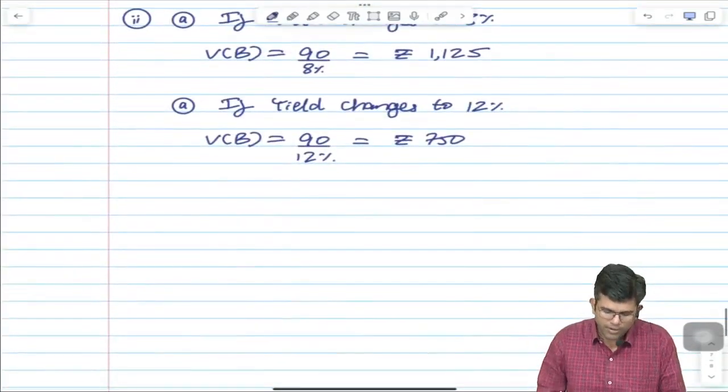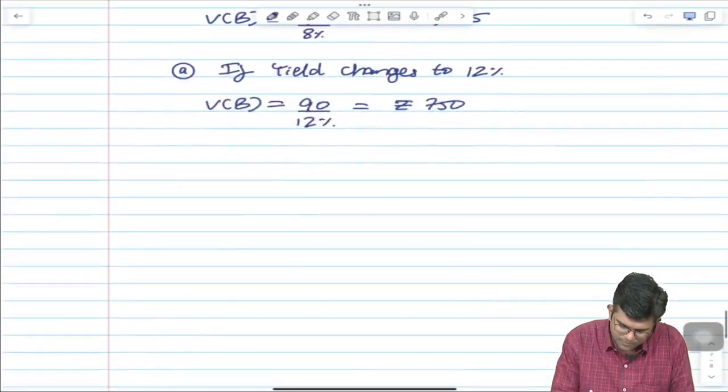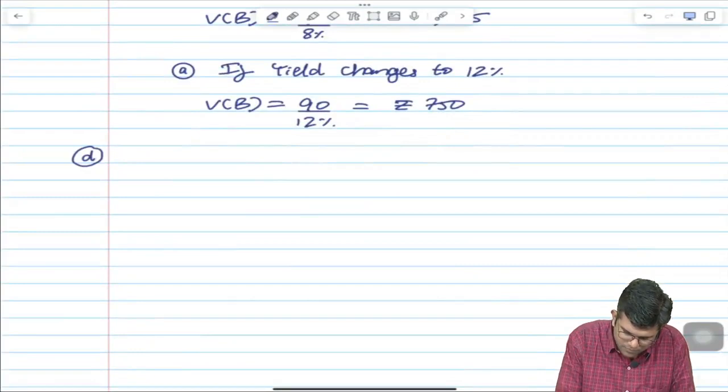Now we go to point number D. Zero coupon bond.